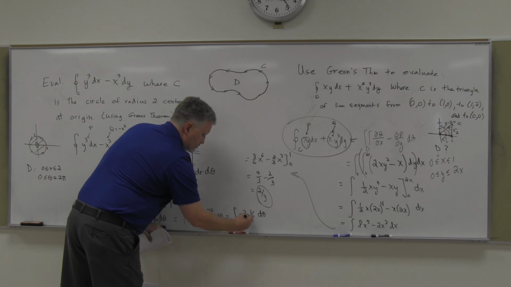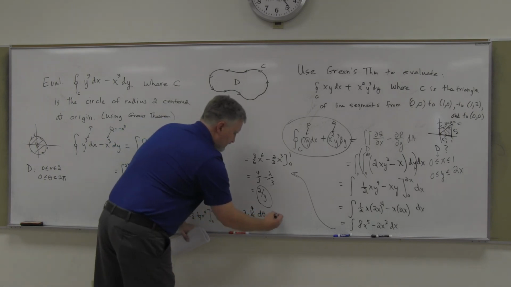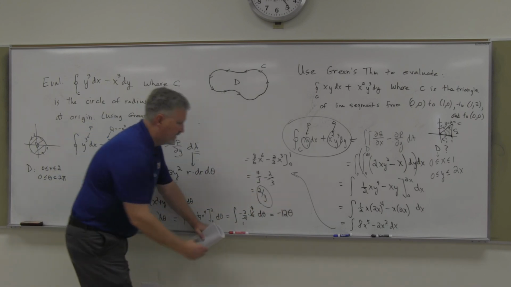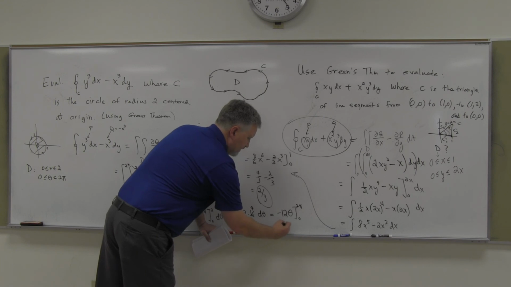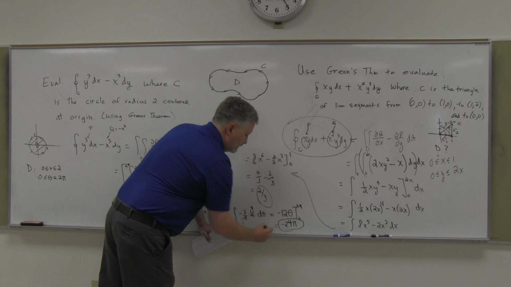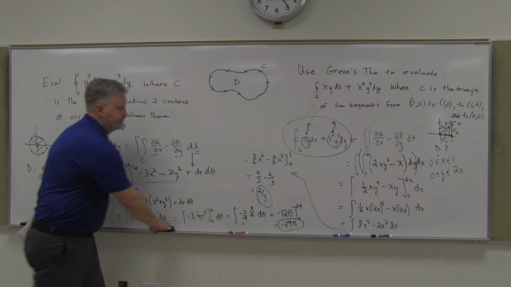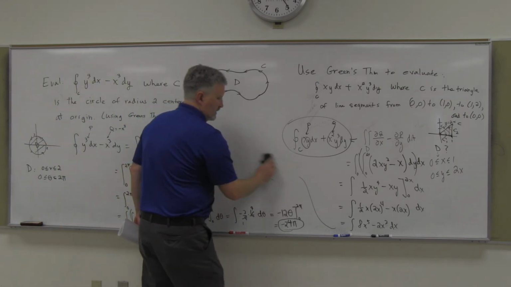So that's negative 12. Theta is just a constant there, and then that goes from 0 to 2 pi, so that's going to be negative 24 pi. So, question or concern?